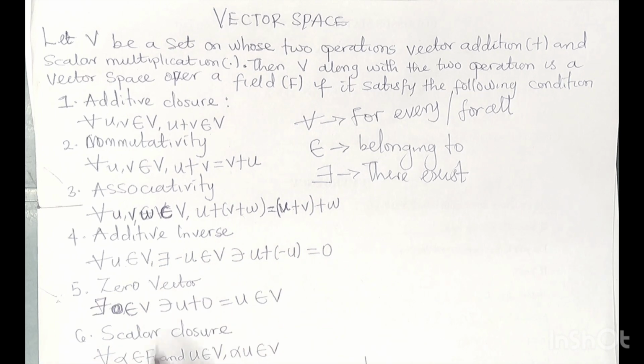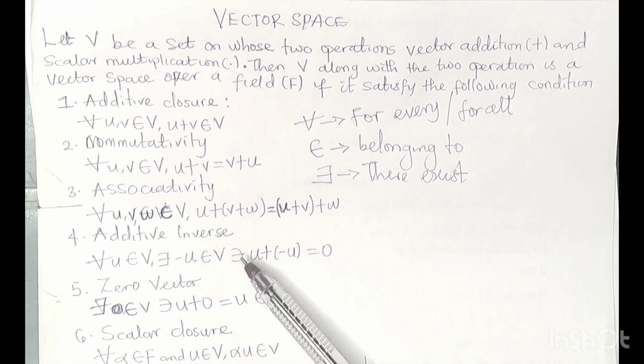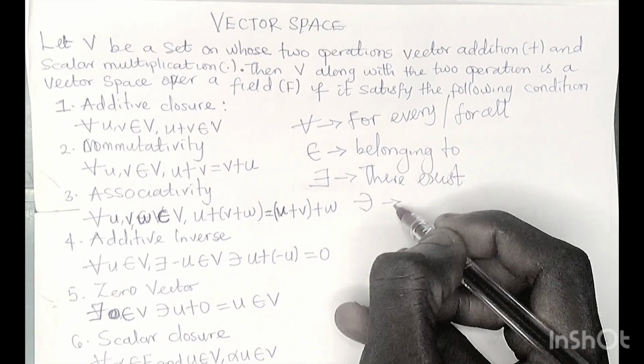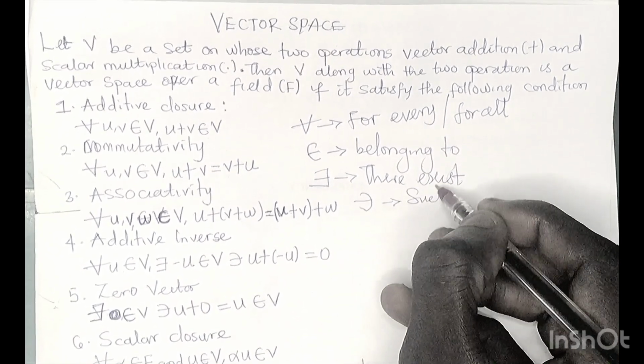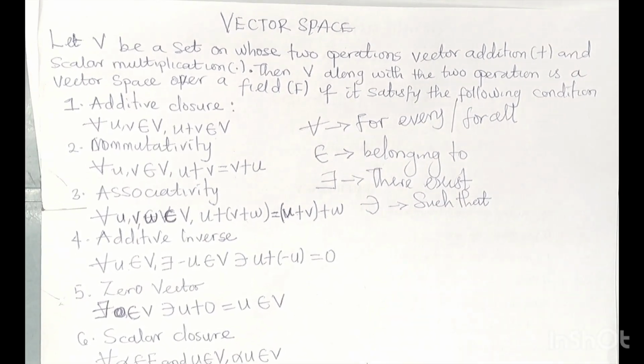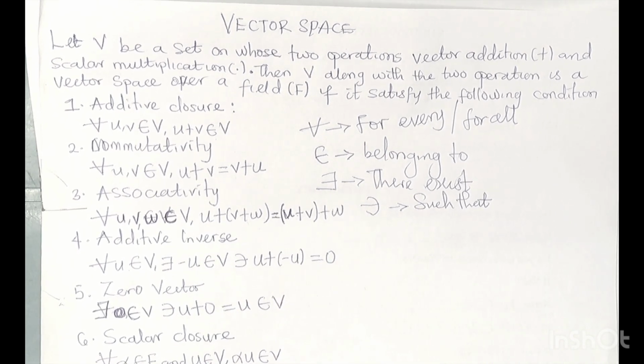So there exists minus u in V, such that, so when you see this sign, it is the same thing as such that, all right, such that u plus minus u should give me 0. We are going to be seeing the use of all this in an example.